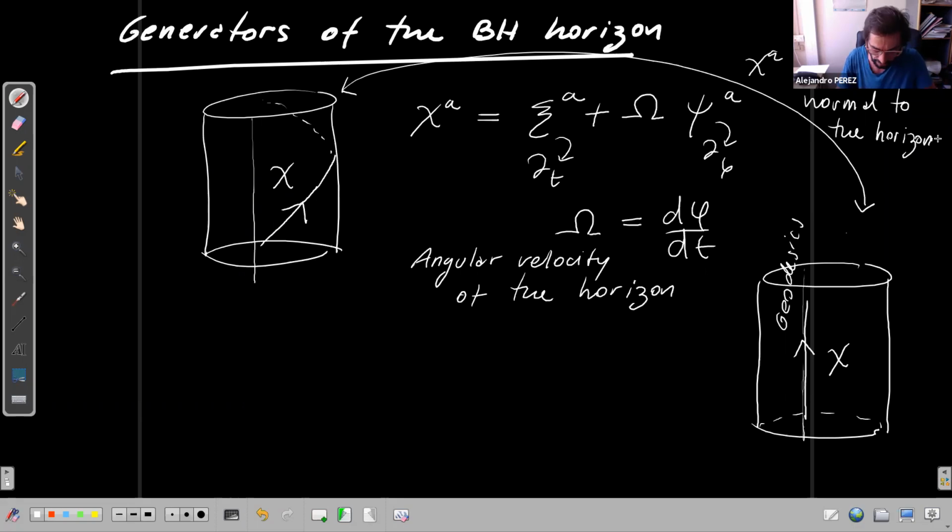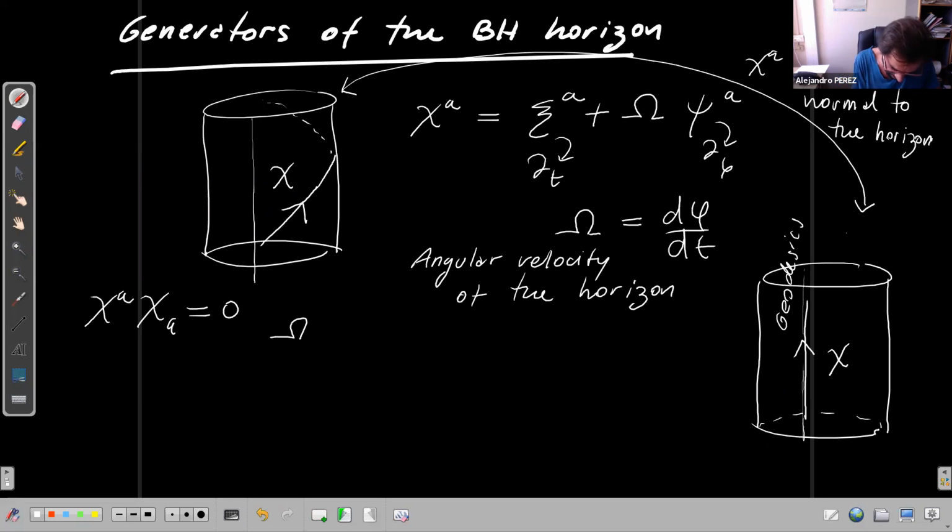So it is orthogonal to the surface, and it is at the same time the generator of the horizon. Now, this is this vector field, obviously by construction. This is how you determine what this Ω is. How do you determine this Ω? You want this combination of Killing fields to be null at the horizon, and this is what is going to tell you what Ω is.